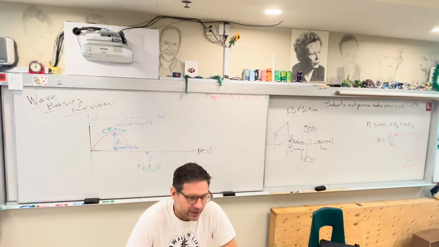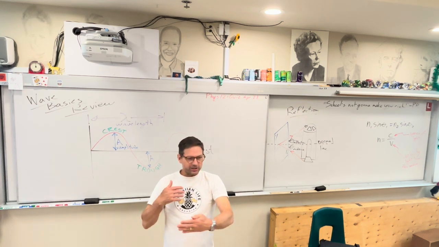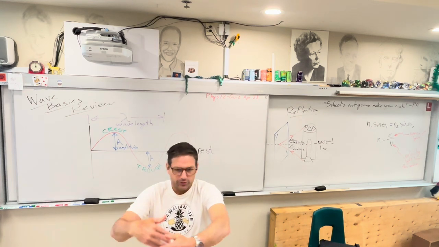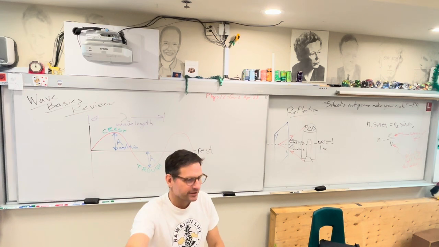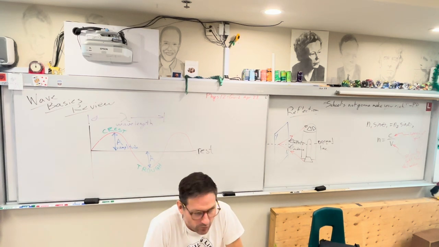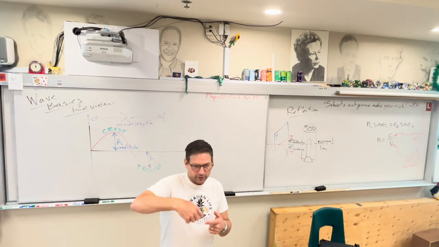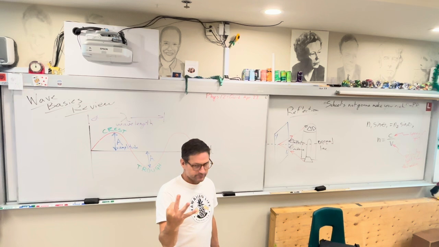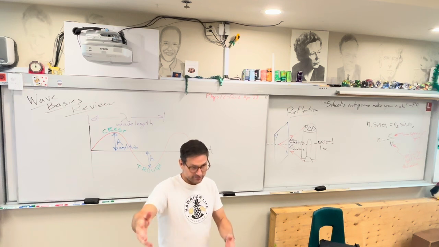If you count 30 waves in 10 seconds, how many waves are going by per second? 3. If each wave is 2 meters, and 3 of them go by in 1 second, what is the speed of that wave? 6. Good. 2 meter waves, 3 of them, make 6 meters in 1 second.